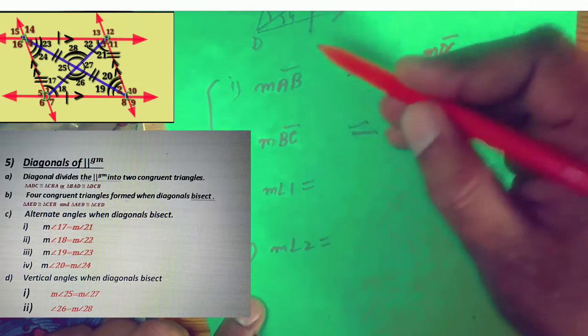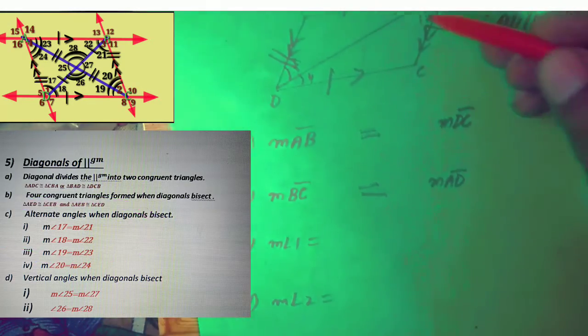When two sides are congruent, then its opposite angles are also congruent.